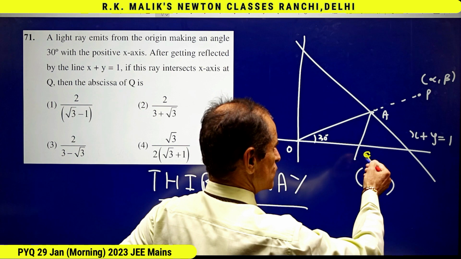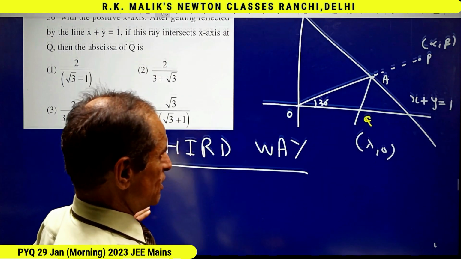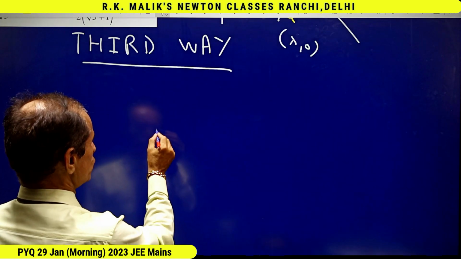Therefore, to find alpha and beta in terms of lambda, because this is the image of this point with respect to this line, I use the formula of image.